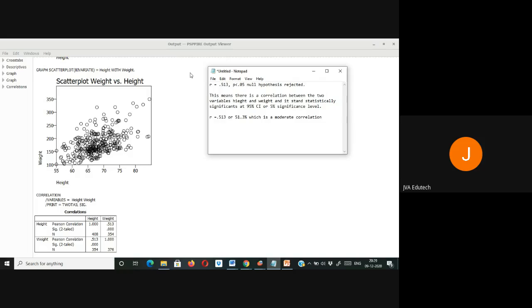Also, this is a positive correlation, because 0.513 is not negative in nature. So the correlation is positive, which means if height is increased by 100%, weight increases by 51.3%.